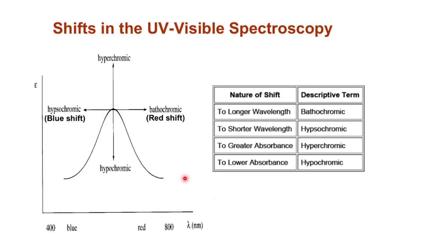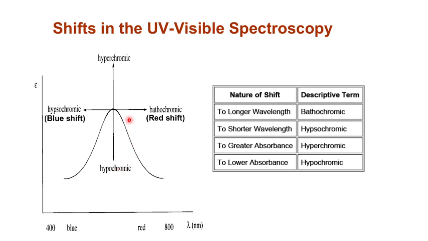So what are the different shifts possible in UV? There are basically four. One is bathochromic shift or red shift. That means when sample A shows an absorbance around 200 nanometer, and after adding an additive the peak shifts towards a larger wavelength, that is a bathochromic shift or red shift. If it shifts towards the lower wavelength or blue light, that is called hypsochromic. These are changes in wavelength, or shifting on the x-axis.